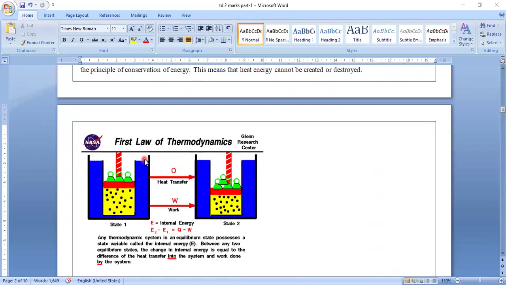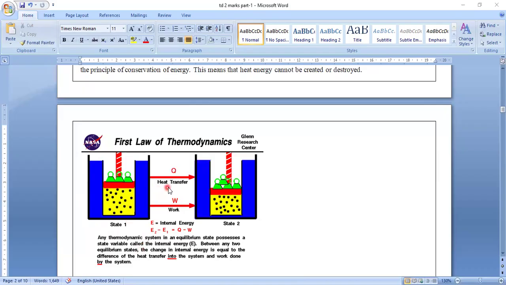Here you have a cylinder with a piston which has some weights on it. Now there is a fluid; the black color shows atoms and molecules. Once some heat is given to this, what will happen? The internal energy of the molecules rises. After that, the piston is moved upwards, so work is done.